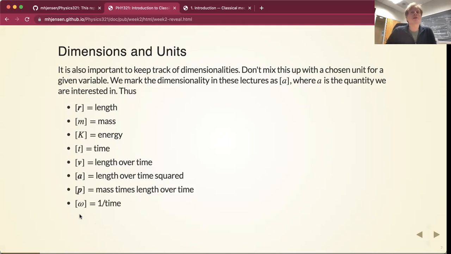Now, these dimensions and units play an important role when we are setting up equations and when we want to solve these equations. Because often when we solve physics equations, one of the things we want to do is to simplify the equations.